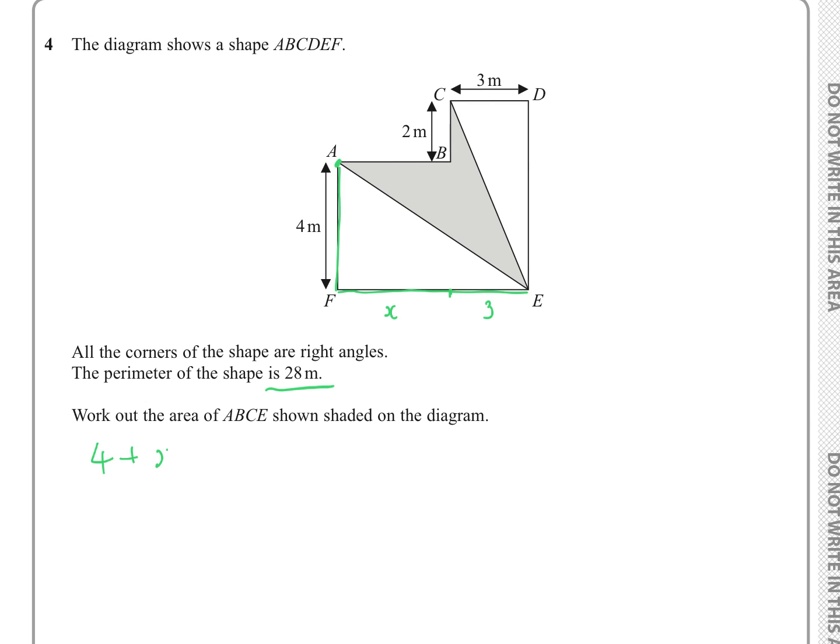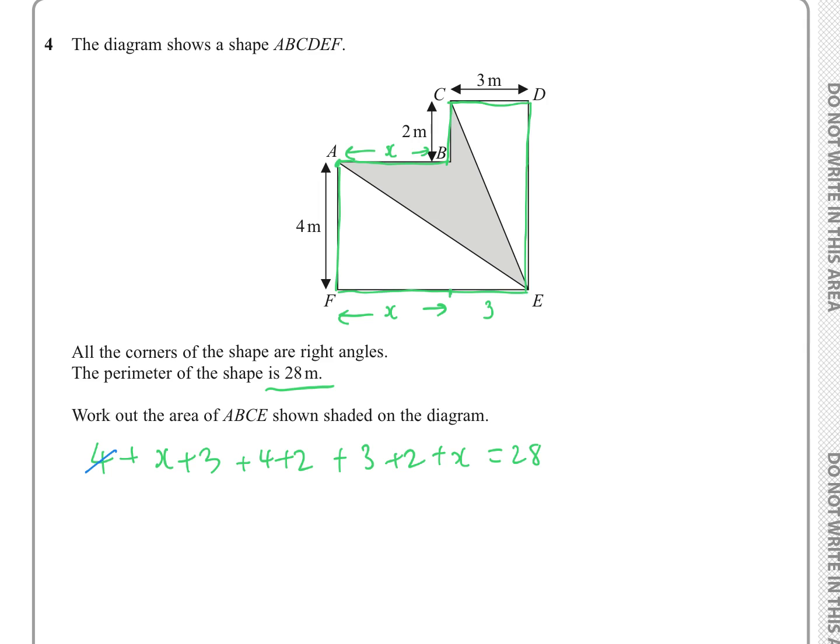And so we've got 4 plus x plus 3, plus 4 and 2 more, plus 3, plus 2, plus, well, we called this part to here x, so we're going to call that x as well. And that's got to equal 28. So let's simplify that.